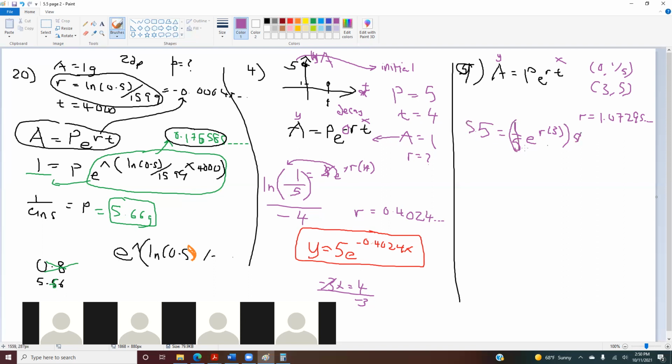So what you get here is 25. And then like last time we moved the E over, it becomes ln 25, and then divide by 3, because of the 3 here. So this is your rate. And when you use your calculator, you guys got this?